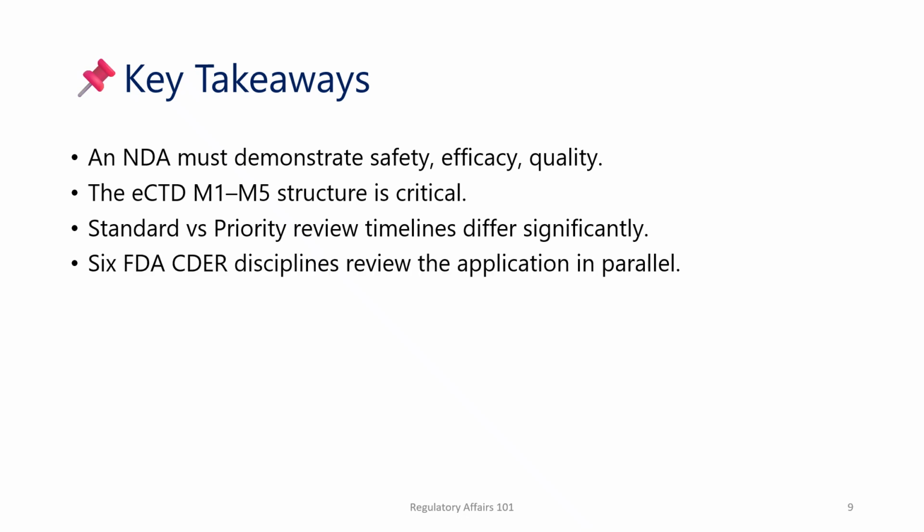And throughout the process, 6 FDA CDER review disciplines work in parallel, meaning any one of them can identify issues that delay approval. Finally, early and frequent engagement with FDA is one of the strongest ways to reduce the risk of a complete response letter.